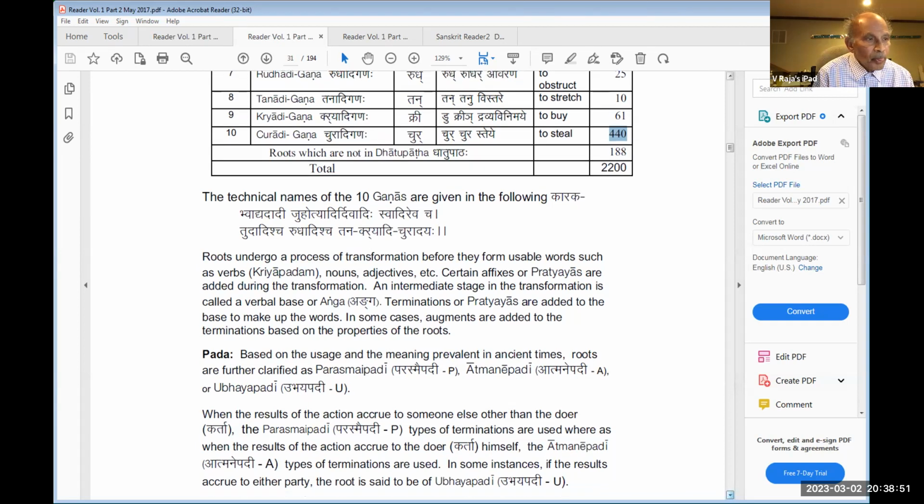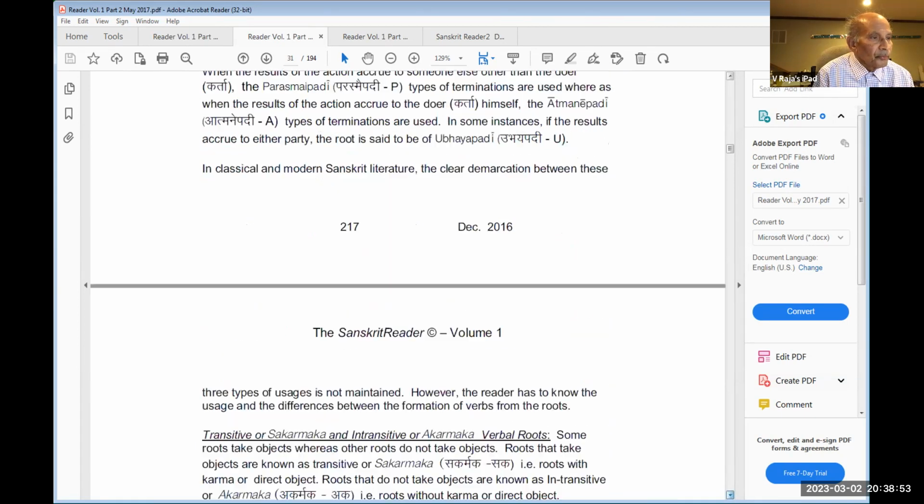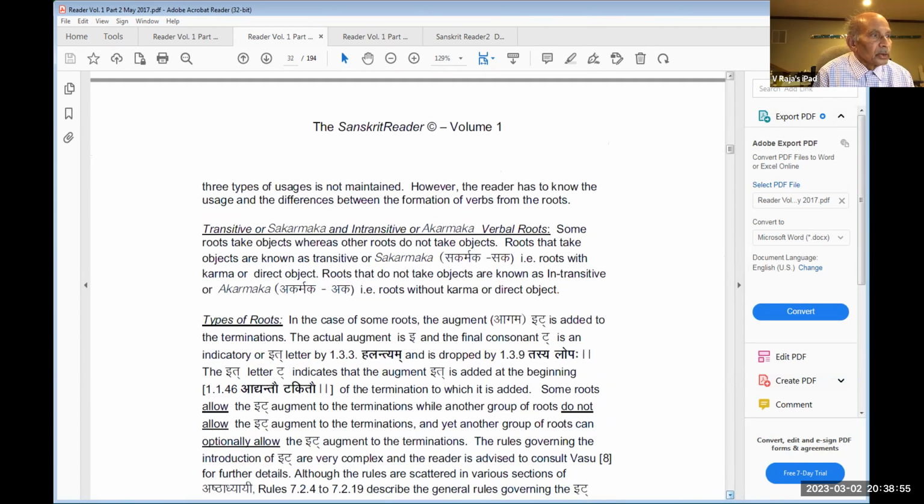Then I mentioned roots are either transitive, sakarmaka, or intransitive, akarmaka. Sakarmaka is one which takes a karma, saha karma. One that does not take karma is akarmaka.